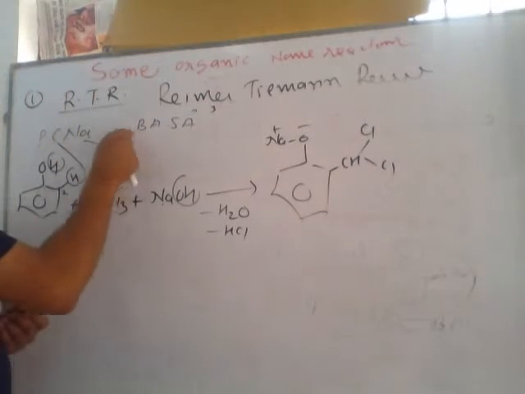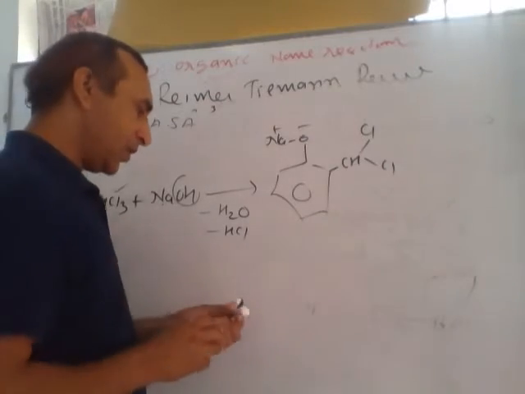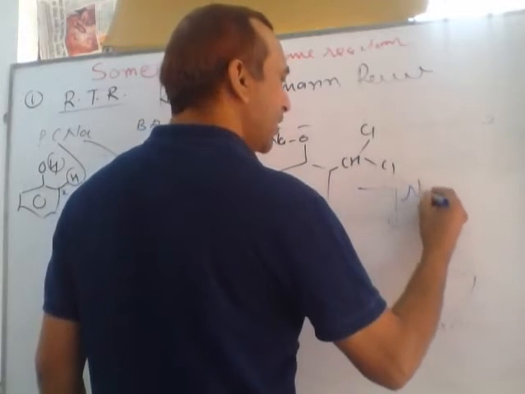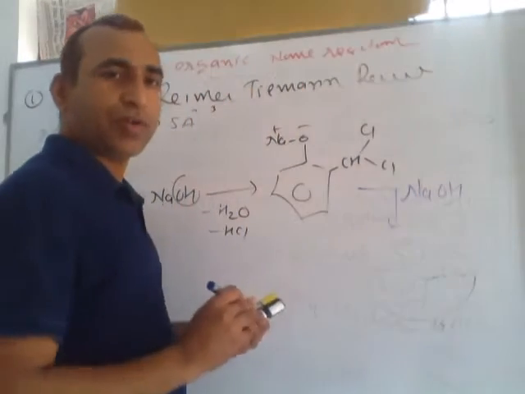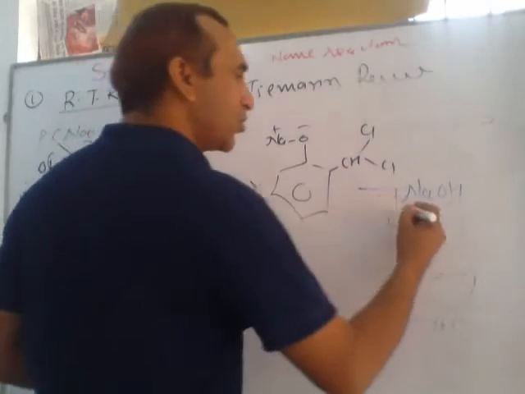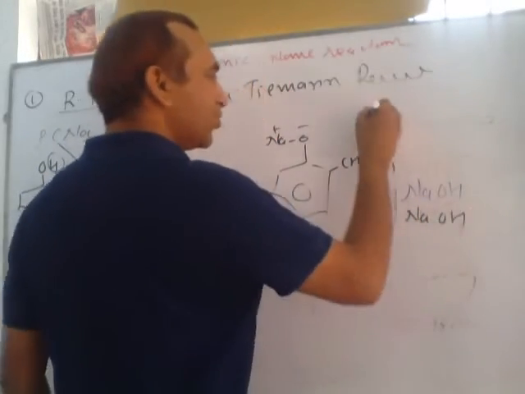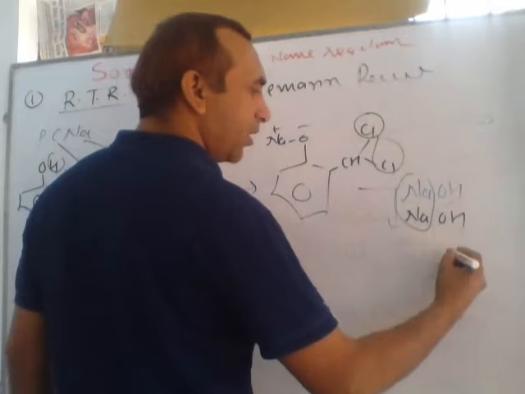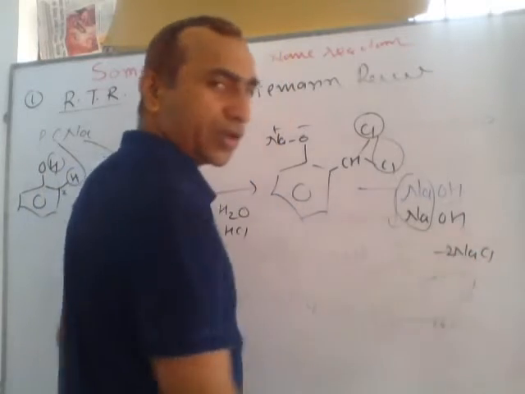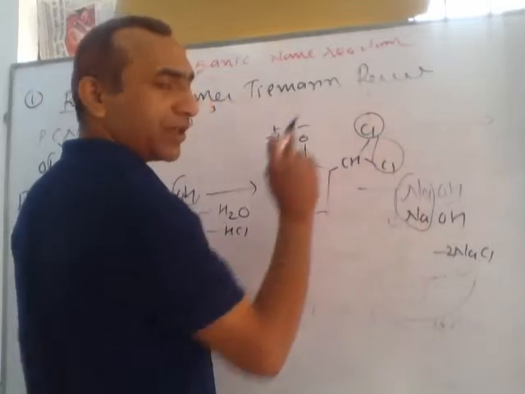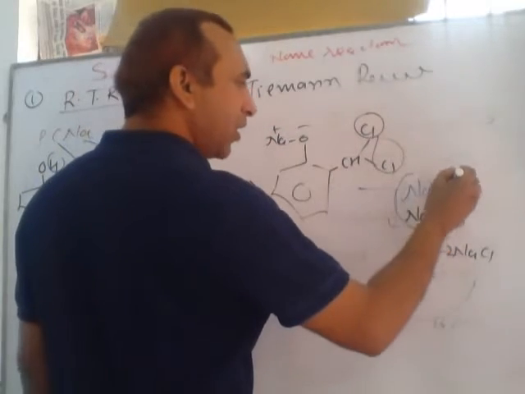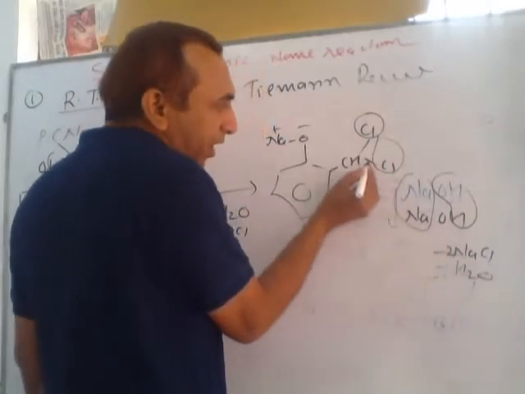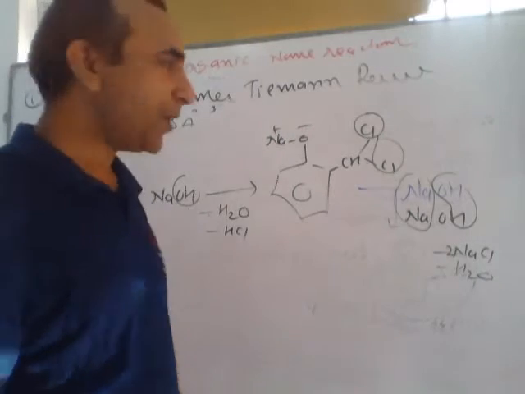Next is B. B is base. So in the next step, this compound is treated with base. Base is NaOH. I am using 2 NaOH molecules because there are 2 chlorines. These 2 chlorine atoms react with these 2 NaOH and form 2 NaCl molecules, along with removal of 1 water molecule from here, OH and H, and this oxygen joined here, aldehyde appears this time.